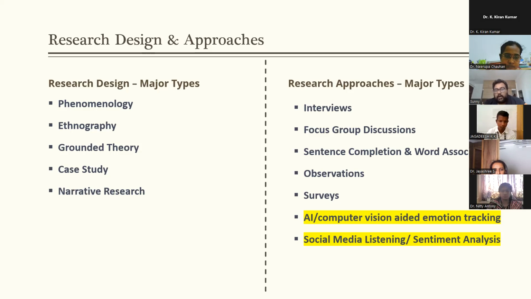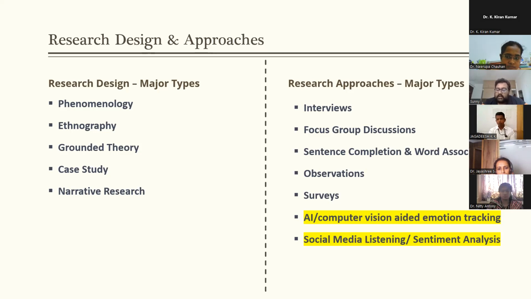Computer vision aided technology helps capture how people's emotions change based on the images being shown or the experiences being shown, right? So that's one way of research which is slightly in the evolving phase.